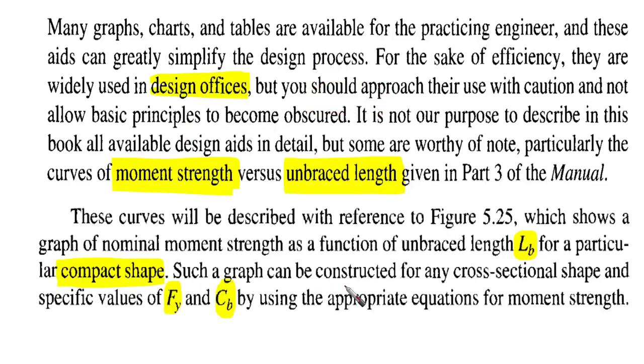Such a graph can be constructed for any cross-sectional shape, and specific values of F yield and CB, by using the appropriate equations for moment strengths that we have studied in the previous videos.